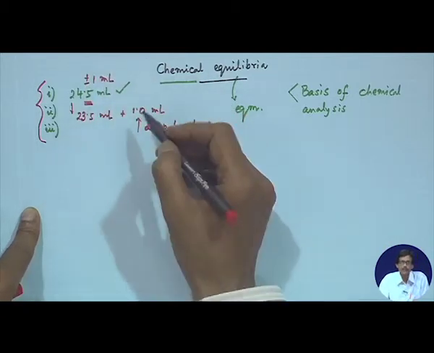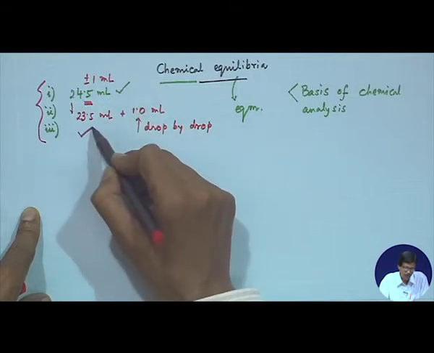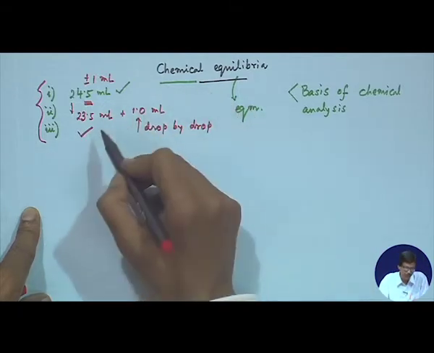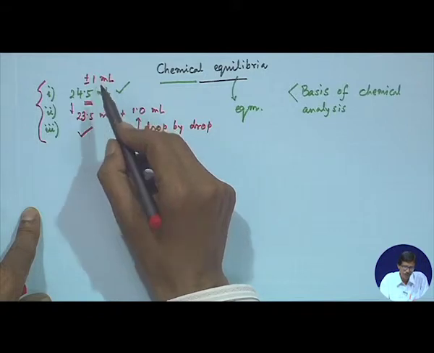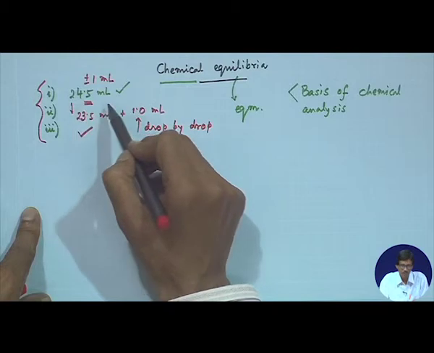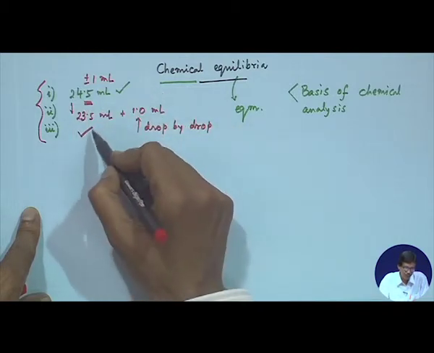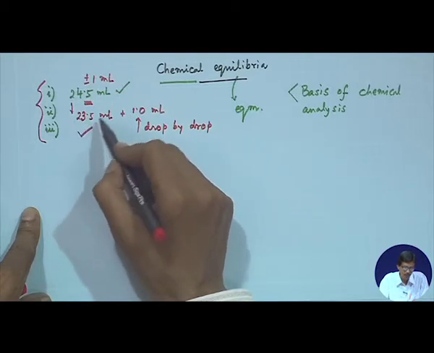Within this plus minus 1 ml, if we add drop by drop during the third titration, we should be able to detect the exact value required, because from your experience of the first and second titrations, you should precisely pick up the actual addition.